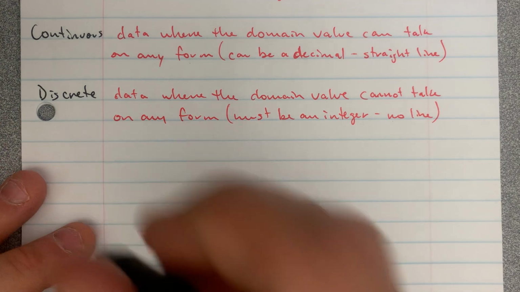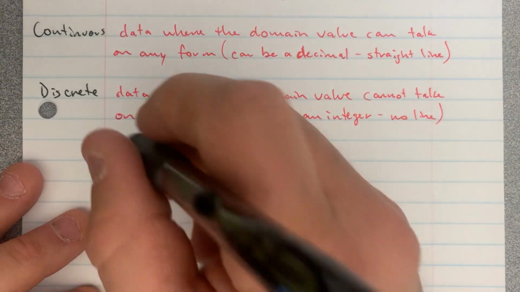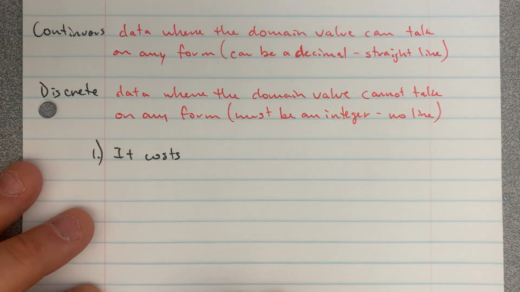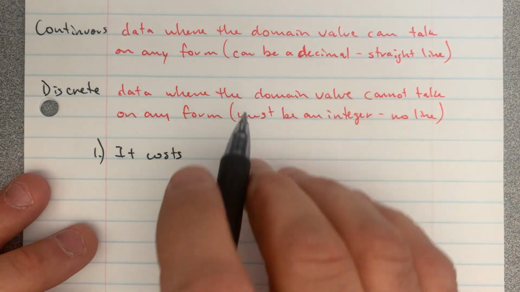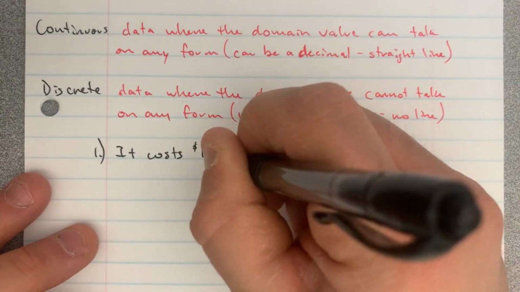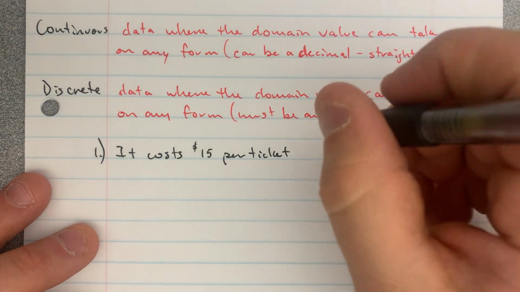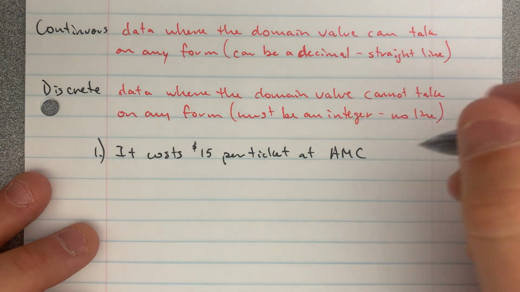All right? So it's just a word problem. Let's say it costs $15 per ticket at AMC theaters to see movies.